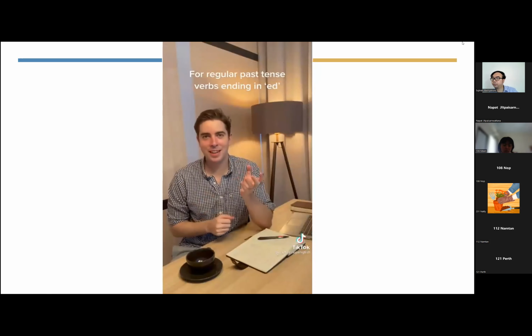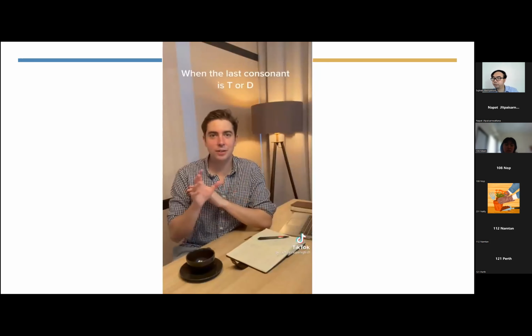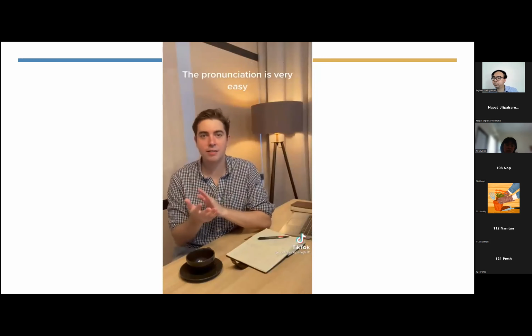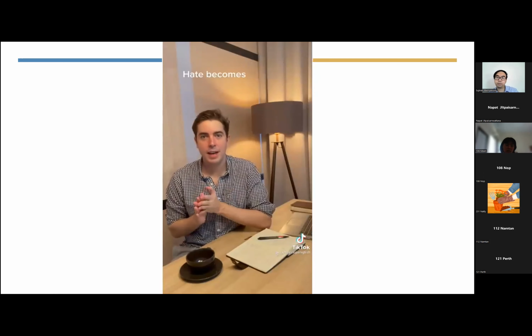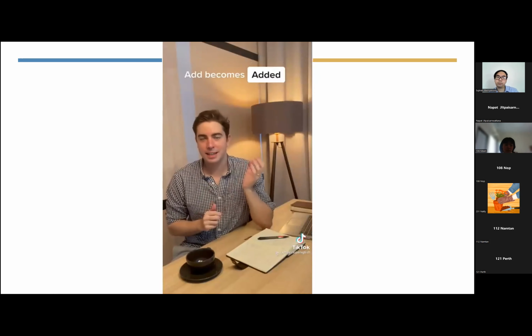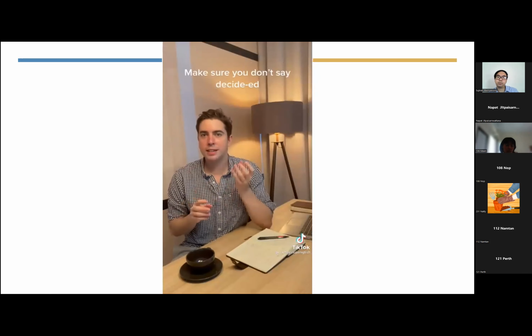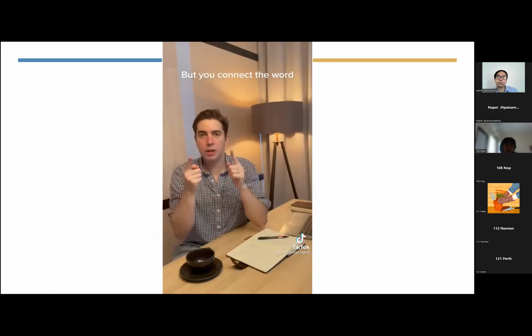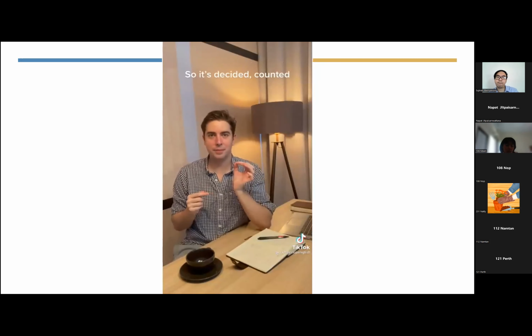Fix this really common pronunciation mistake using invisible drums. For regular past tense verbs ending in ed, when the last consonant is t or d, the pronunciation is very easy. We just add id to the end of the verb. Hate becomes hated, add becomes added, counted, decided. Make sure you don't say decide id, but you connect the words, so it's decided, counted.